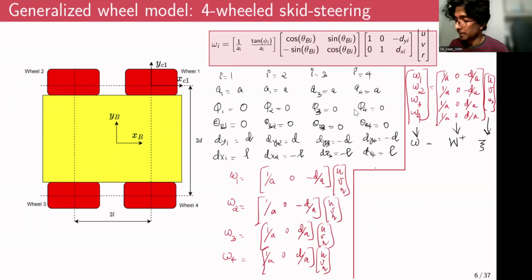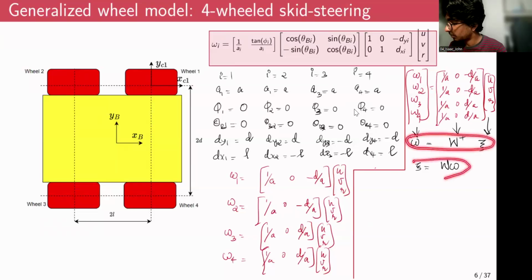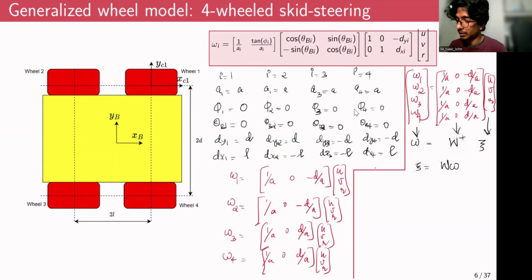wheel configuration matrix. But the general format is to write it as zeta as W multiplied by omega. So to bring this equation into this form, you have to take the pseudo inverse of this matrix and pre-multiply it with this omega vector.